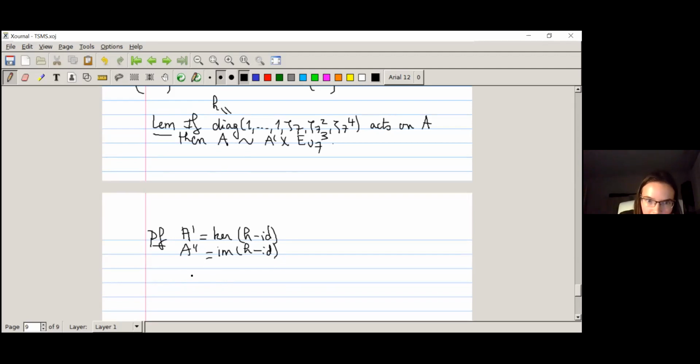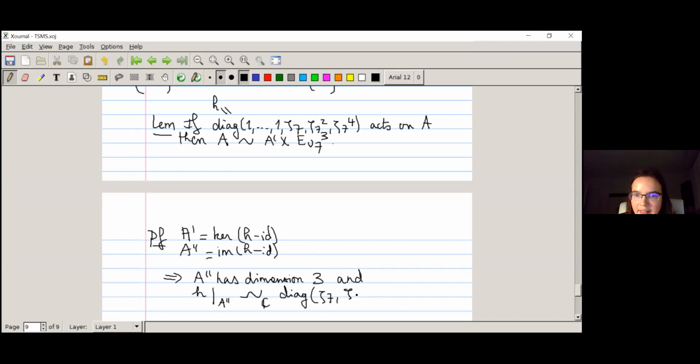And now A prime prime has dimension 3, and H restricted to A prime prime is the matrix zeta 7 squared, zeta 7 to the power 4.